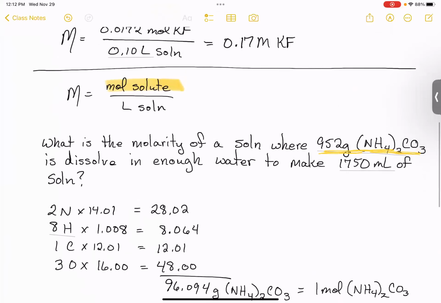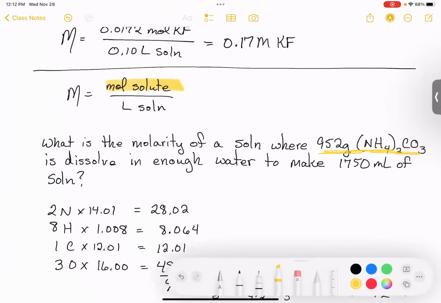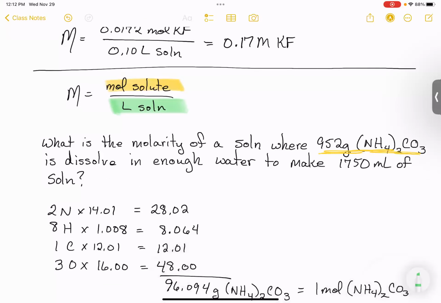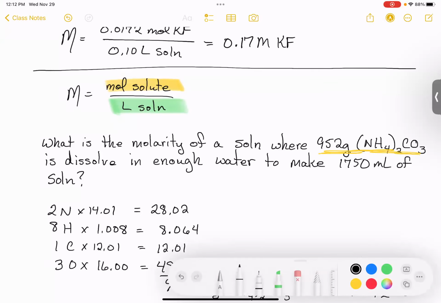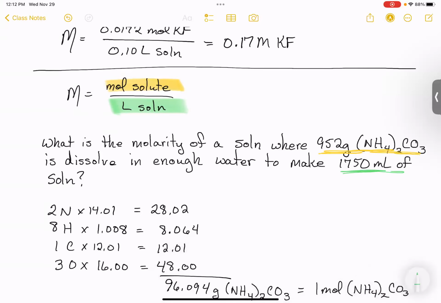Now for the denominator, I need liters of solution. I was not given the liters of solution though, but I was given milliliters of solution.